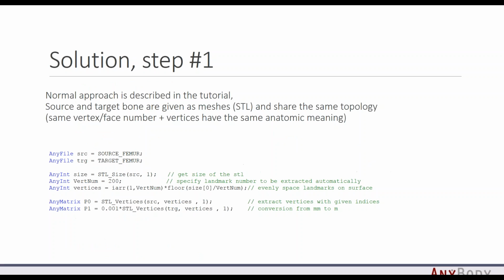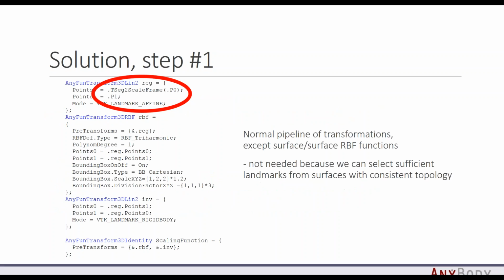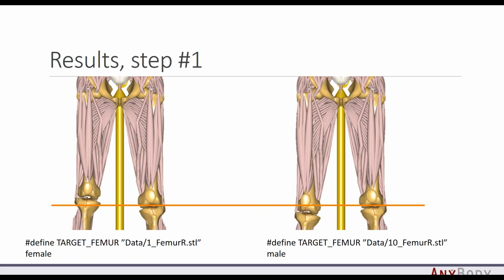And this is here basically just a quick explanation of what we did. For the first step, we automatically selected landmarks, and this is the interesting part. Then we fed them into the pipeline of transformations, and for two different subjects we saw a difference. So we had a short femur and a long femur, and the only thing that we did was change the name of the STL file to do so.